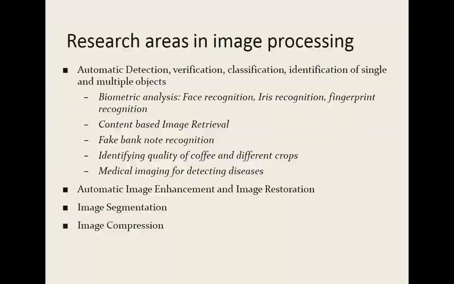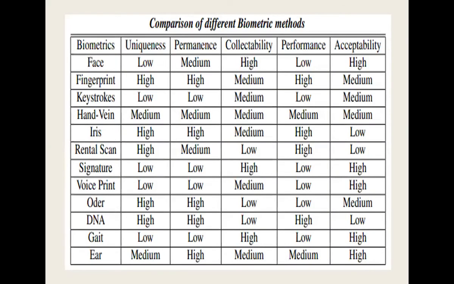As researchers said, for biometric analysis, there are different techniques applied, starting from face recognition, fingerprint recognition, even the hand vein, iris, signature, voice print, odor, DNA, ear setup, gait.